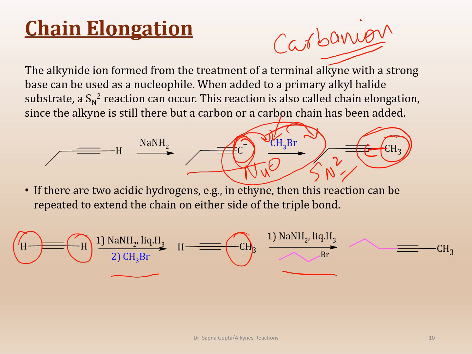So you can add different numbers of carbons on either side of the alkyne, and now you can get an alkyne of a chain length that you want. It's a very nice way of synthesizing molecules, because once you learn how to form carbon-carbon bonds, now you can start building up your molecule.